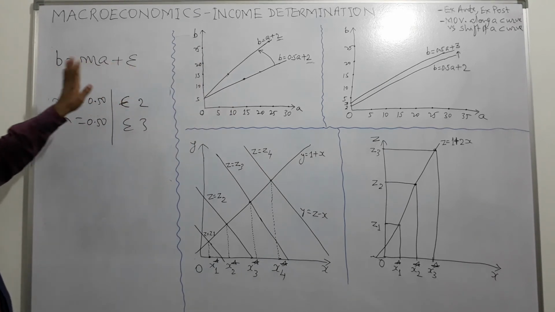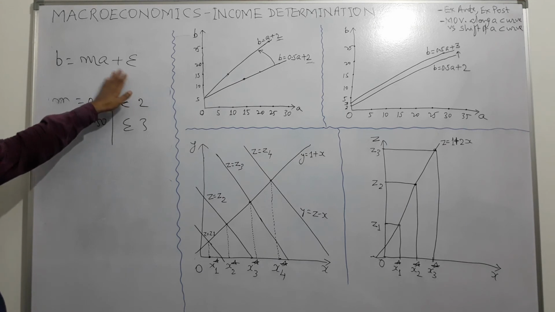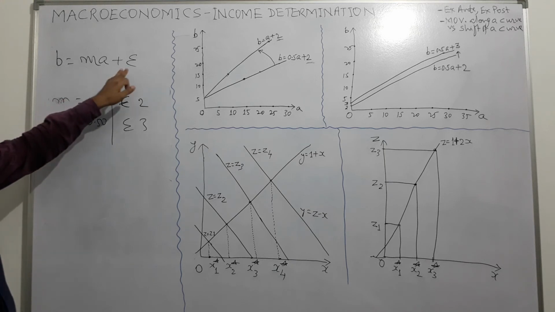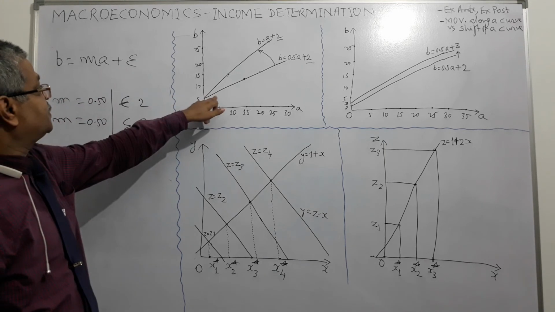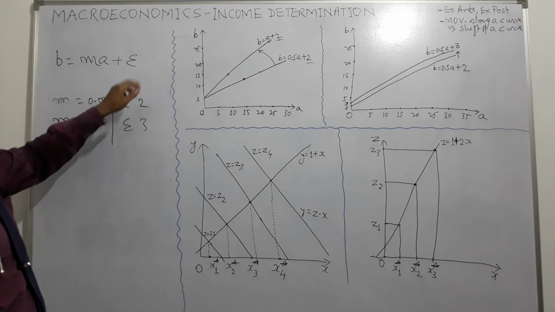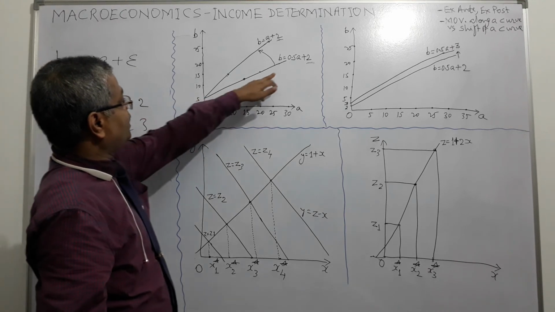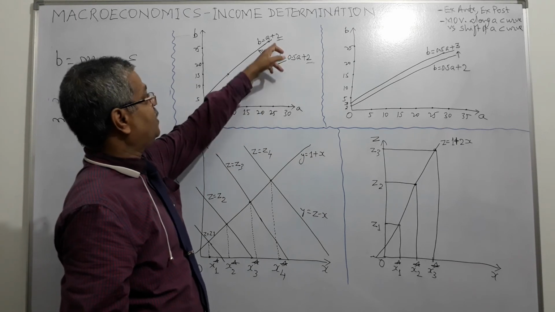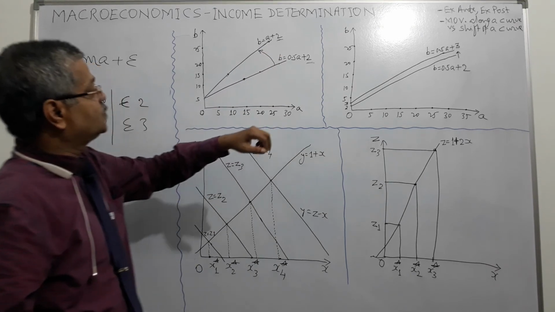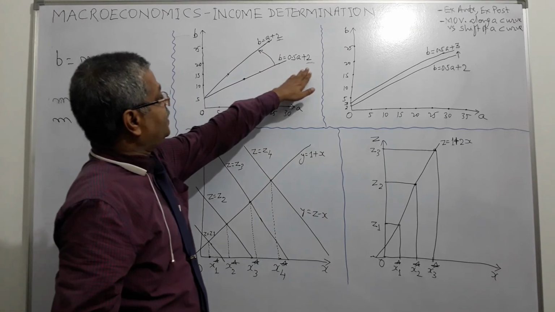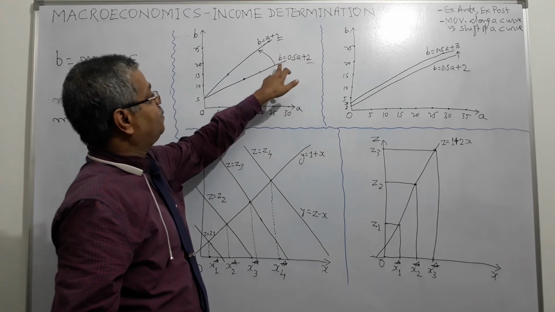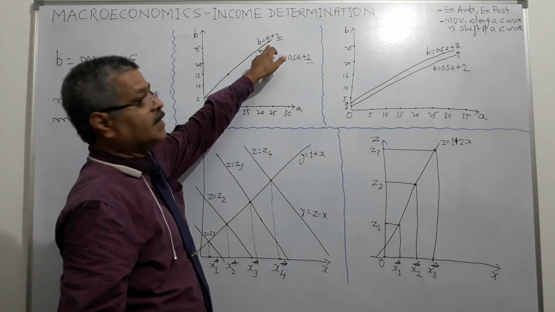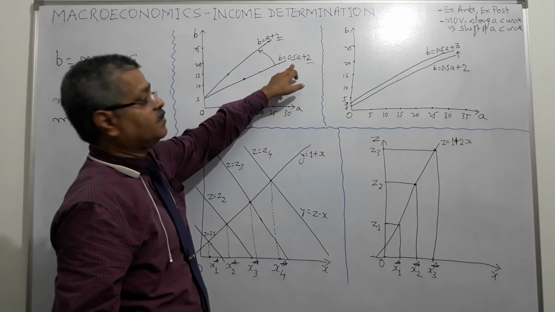This formula is B is equal to MA plus E, right? M is the slope of the straight line, greater than 0. E is the vertical intercept. This is also greater than 0, right? So in this, here we have kept the value of M as 0.5 and 1, doubled. We have doubled the value of M, and E we have kept constant at 2. B is equal to MA plus E. M is 1, M is half, right?